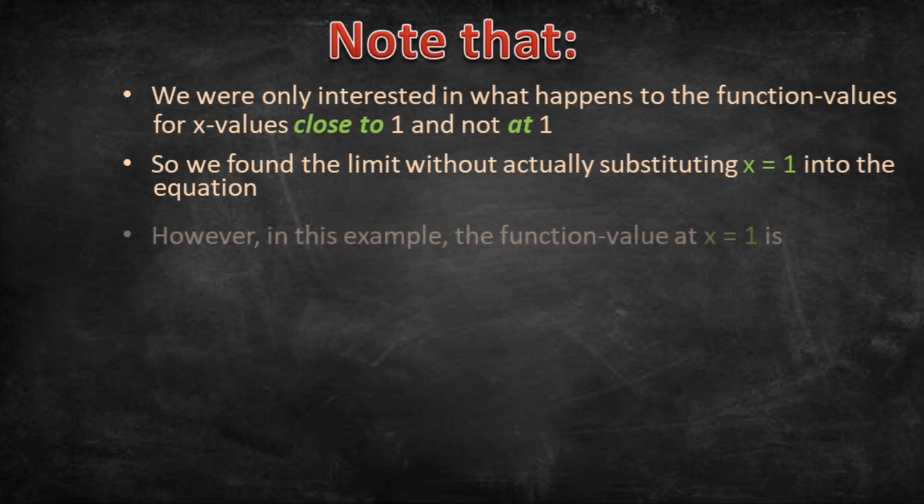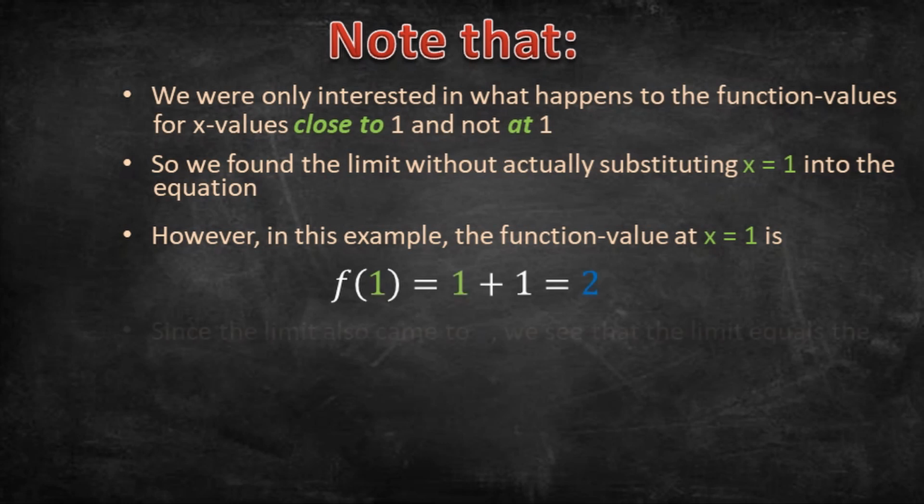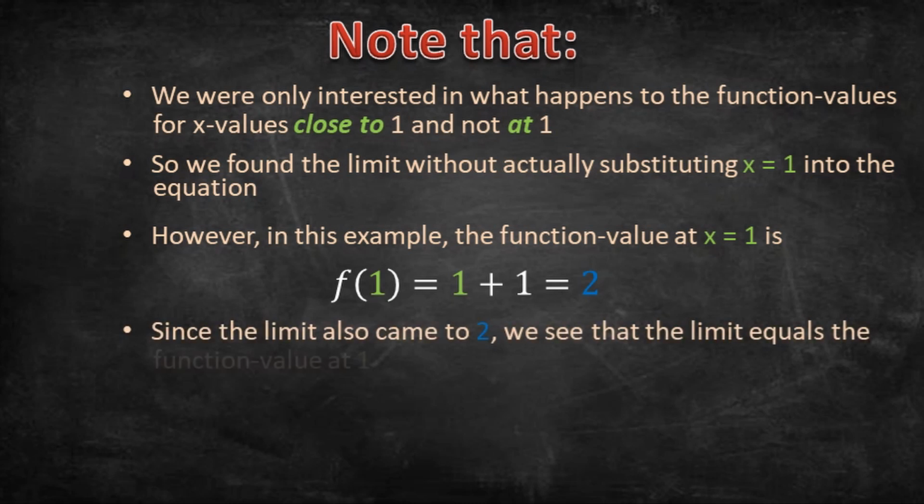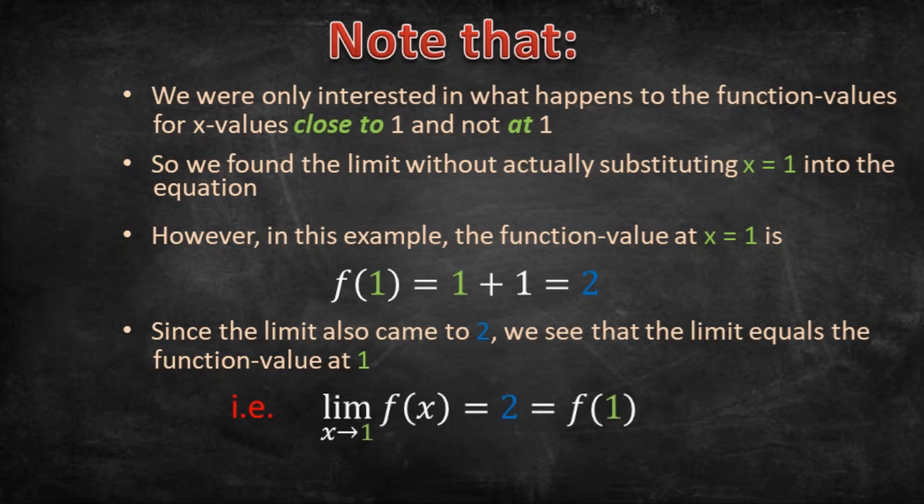In this particular example, however, the function value at x equal to 1 is f of 1, which equals 2. Since the limit also came to 2, we see that the limit equals the function value at 1, i.e., the limit of f of x as x approaches 1 equals 2, and this is also equal to f of 1.